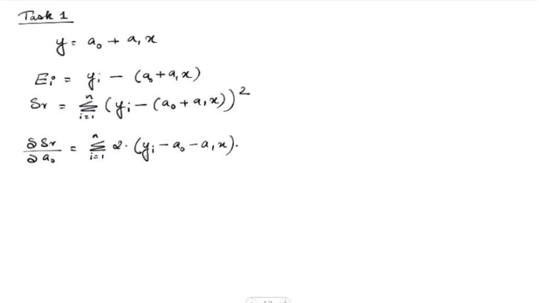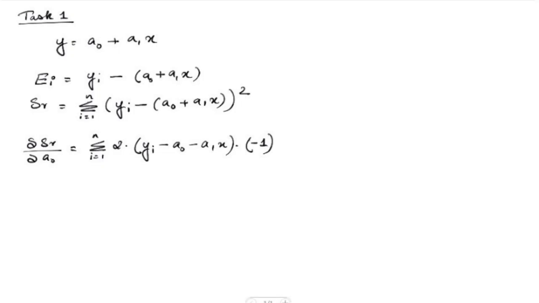So yi is a constant for us, so that becomes 0. a1 x is a constant, so that becomes 0. Since we're only deriving with a0 here, we only take the constant, which is minus 1.